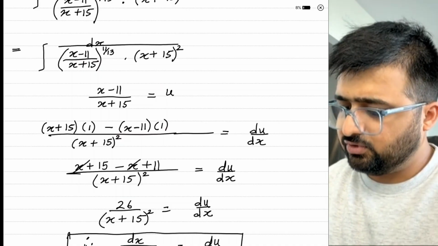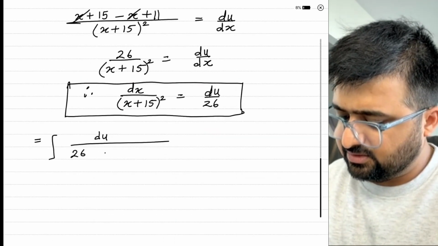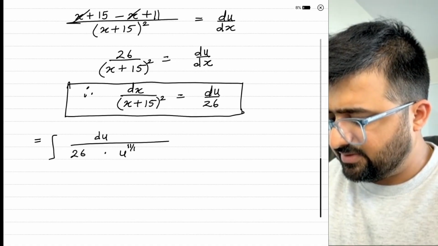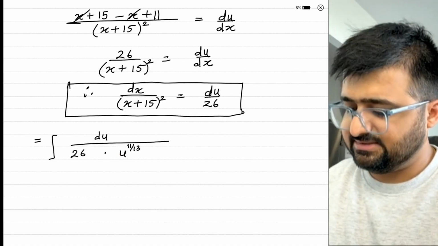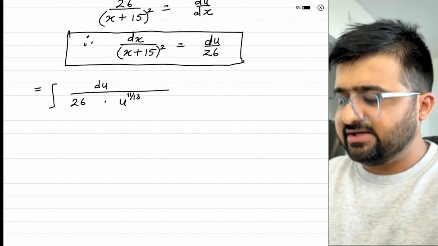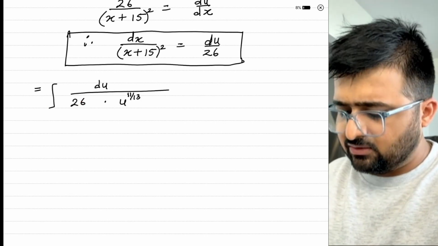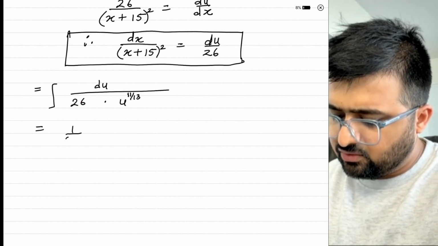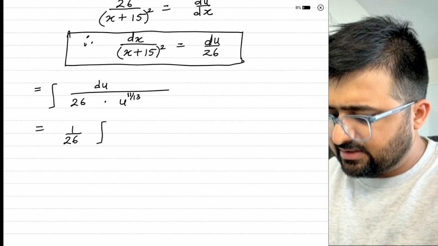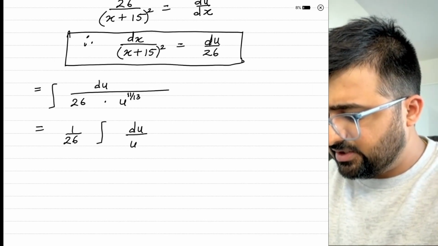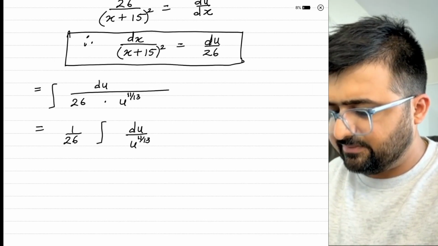So we have u to the power 11 by 13. How simple that integral is right now. Now this is a basic algebraic integral. What you can do is take the 26 out of the integral. So you have 1 over 26 integral of du divided by u to the power 11 by 13.